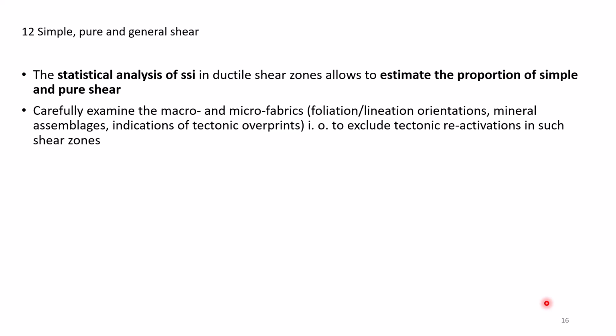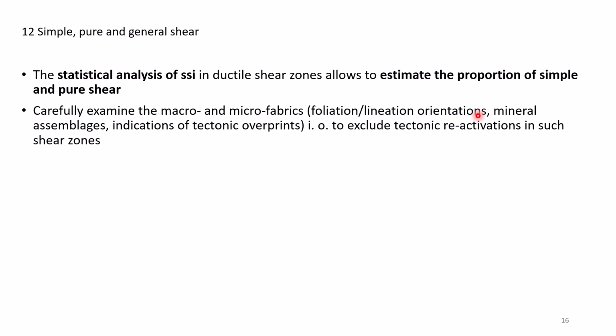It is therefore very useful to examine very carefully the macro and micro fabrics, the foliation and the lineation orientations, and of course all kinematic indicators, all kinematic observations that may or may not indicate tectonic overprints.